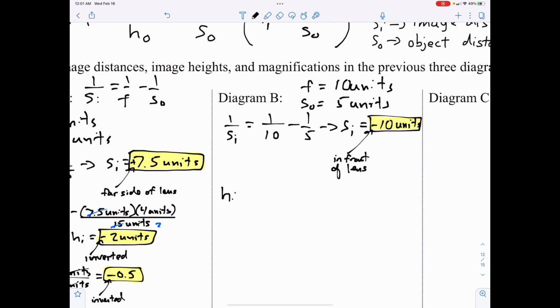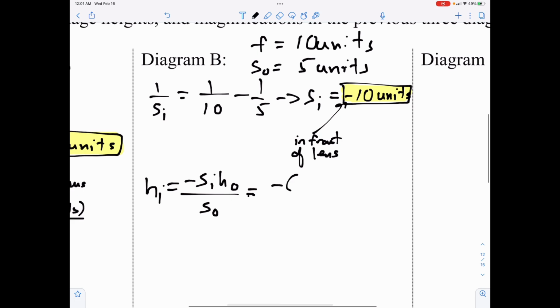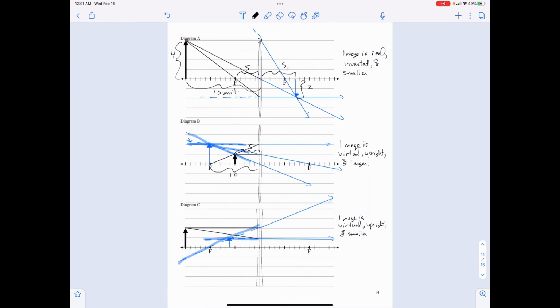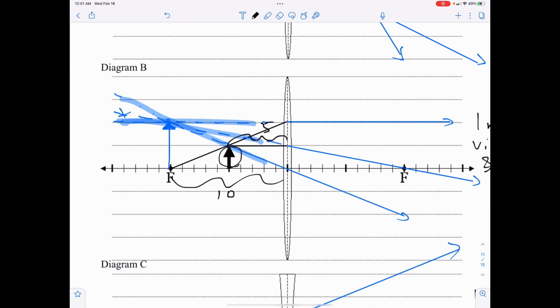Now HI is equal to negative SI HO over SO, which would be negative times negative 10 units times the object height. How big was the object? The object appears to be about 1 unit high.